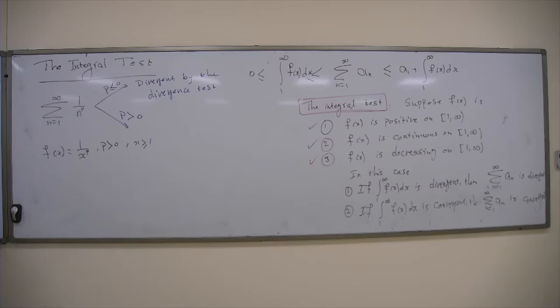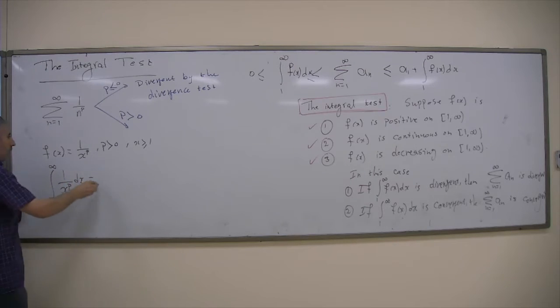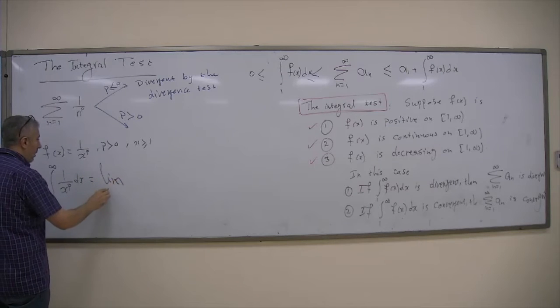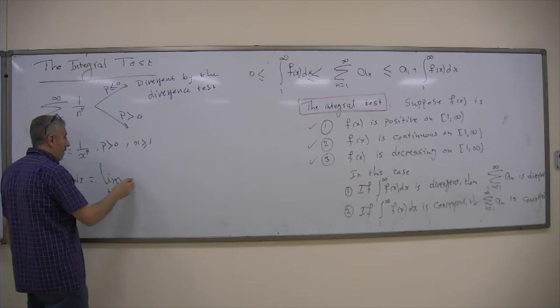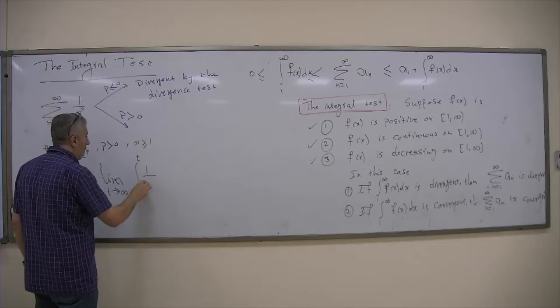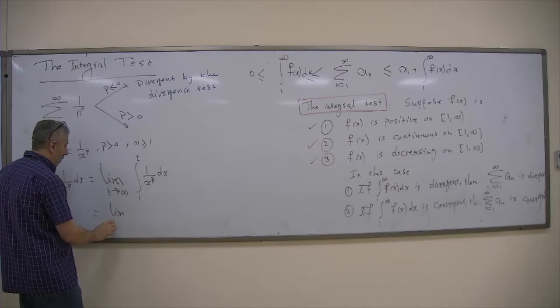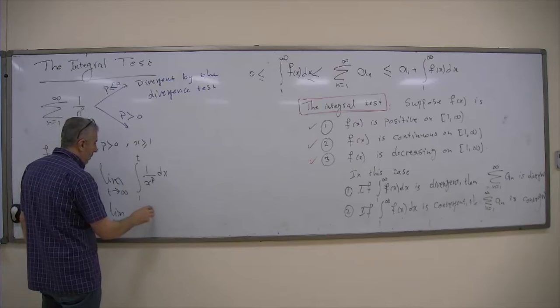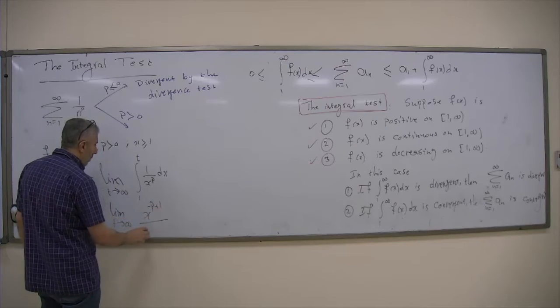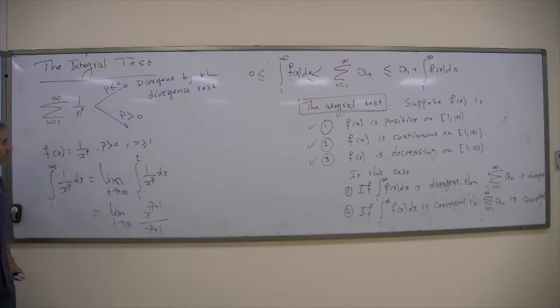Well, in this case, you take the integral from 1 to infinity of 1 over x exponent p dx, and you integrate. It's an improper integral, of course. So this is the limit as t goes to infinity of the integral from 1 to t of 1 over x exponent p dx, and that is the limit as t goes to infinity of x exponent negative p plus 1 over negative p plus 1. Now here, if p is 1, that is a problem, correct? So here I have to separate this into two cases.